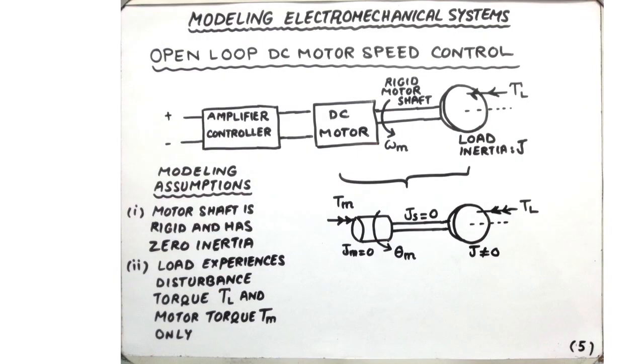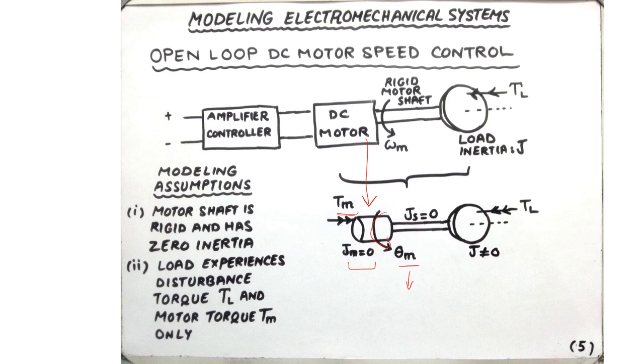So here is the further description of the electromechanical system under discussion. Inside this DC motor, the mechanical part of our interest is the rotor, whose inertia Jm is taken equal to 0. As described earlier, the motor torque Tm, the torque that is generated inside the motor due to the interaction between the stator and the rotor magnetic field, is responsible for the motion of the rotor, shown as theta m.